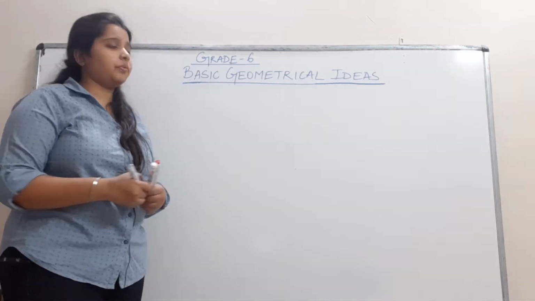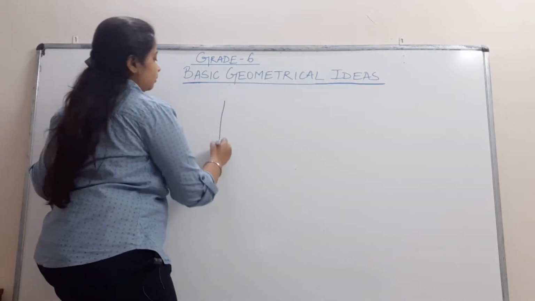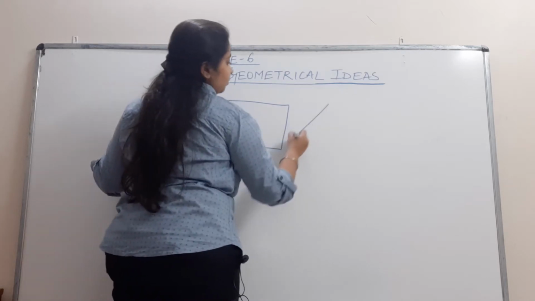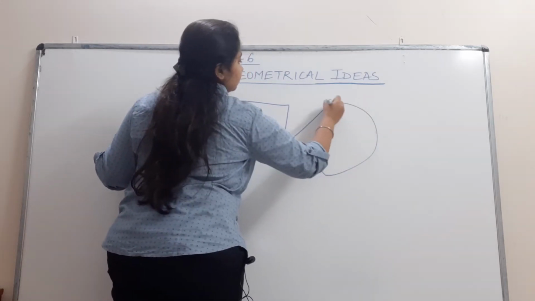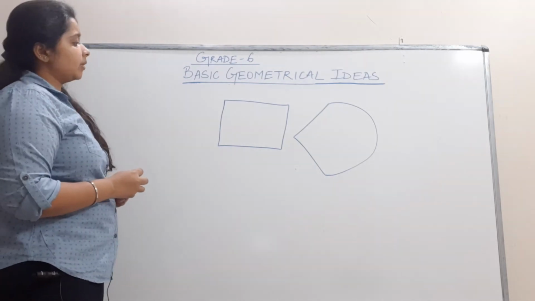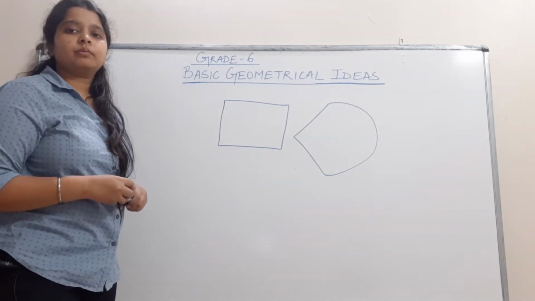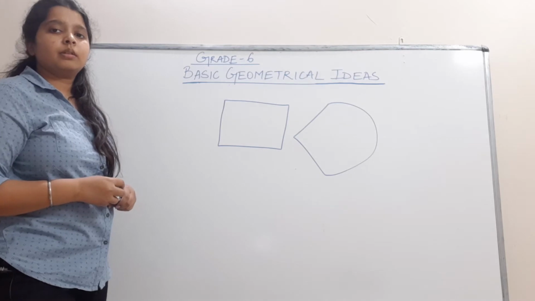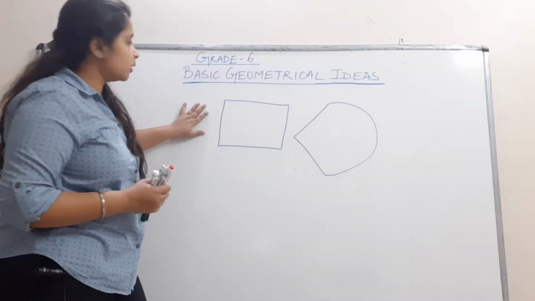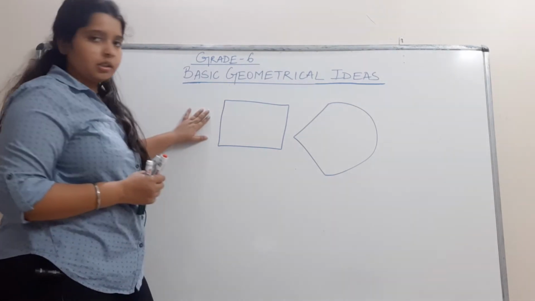Now observe these two figures. What is the difference between these two figures? This figure is a closed curve. This figure is a simple curve.